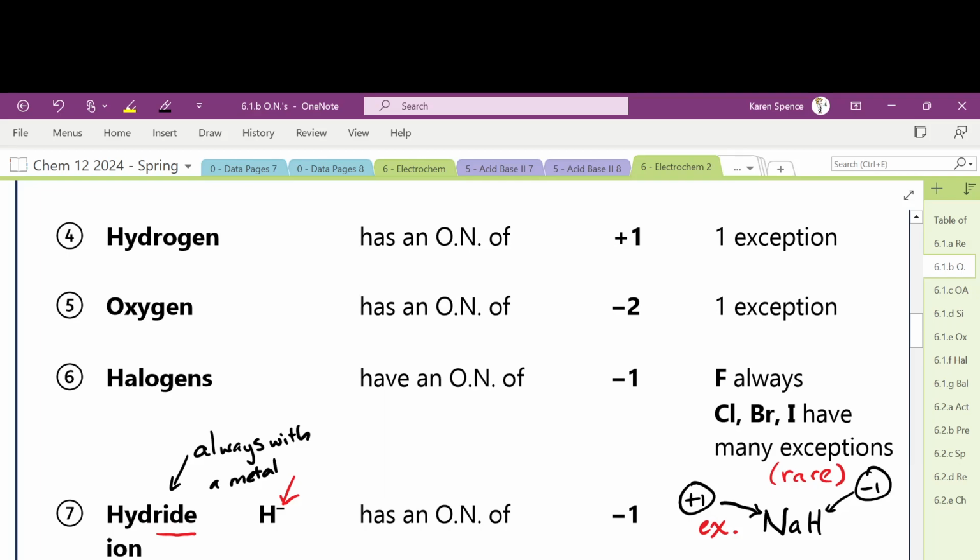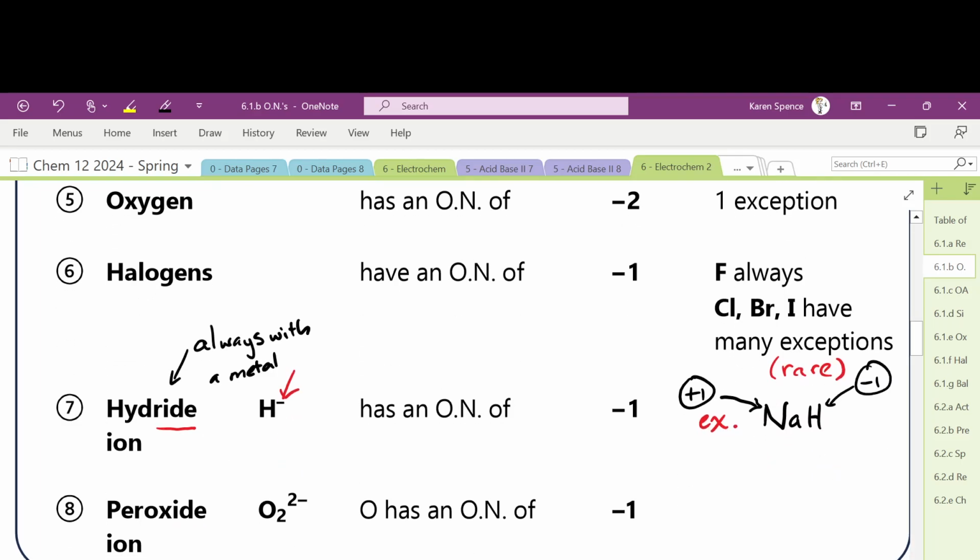Oxygen's exception is the peroxide ion. Peroxide looks like this. We have an oxygen with a negative charge bonded to a second oxygen with a negative charge. So overall, that thing has a 2- charge.